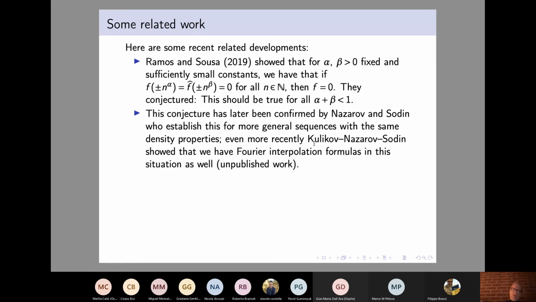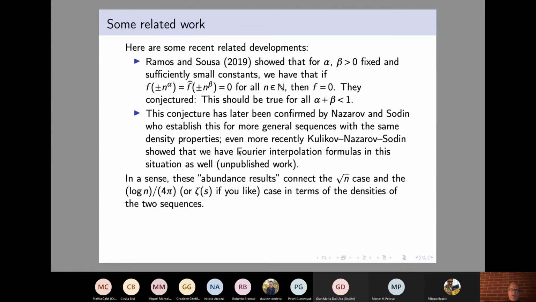Now, Kulikov joined this team, and now they have a theorem saying that in fact, in this situation, we have Fourier interpolation. We wouldn't have minimality anymore because we have infinite excess, but we do have Fourier interpolation. So really there is an abundance of Fourier interpolation formulas.